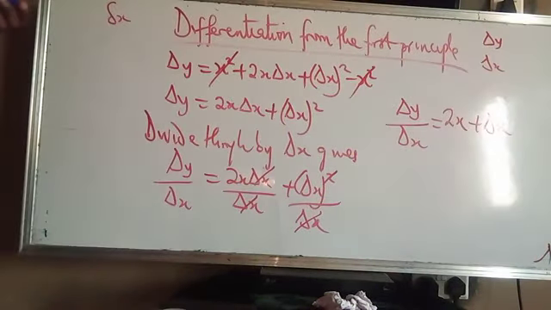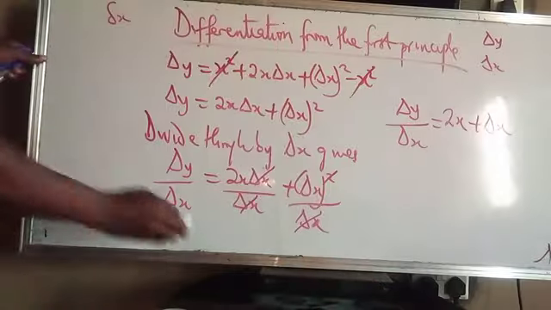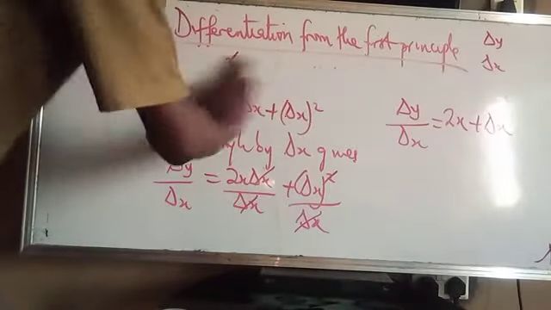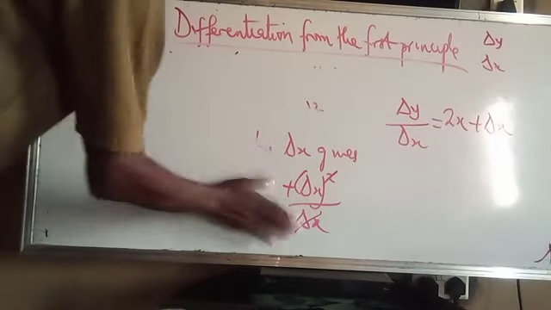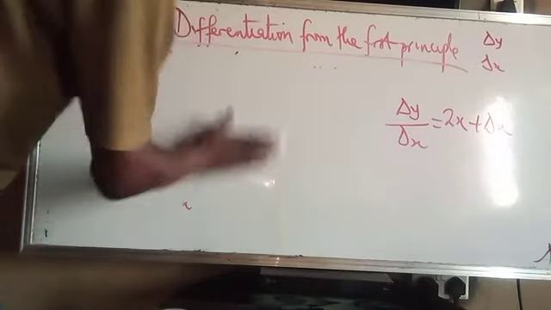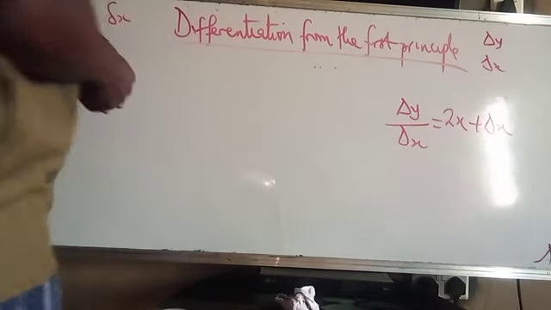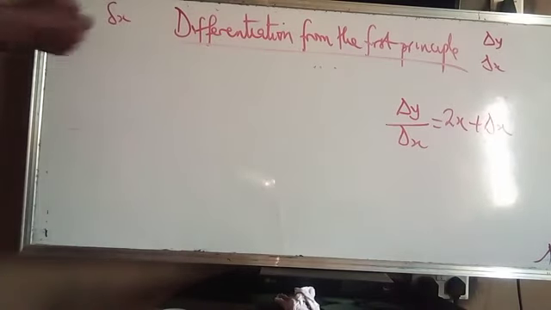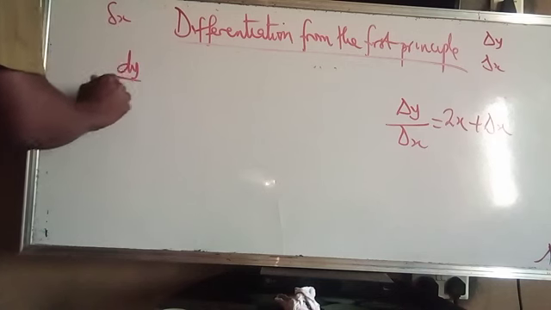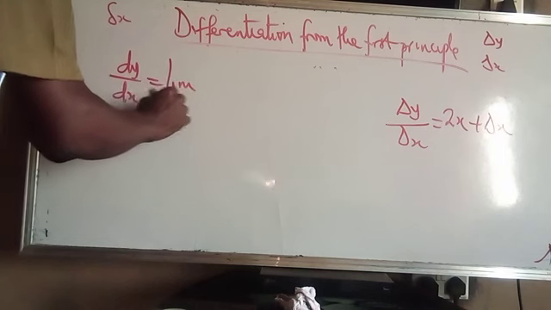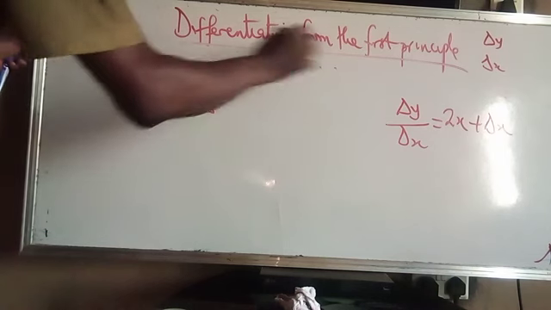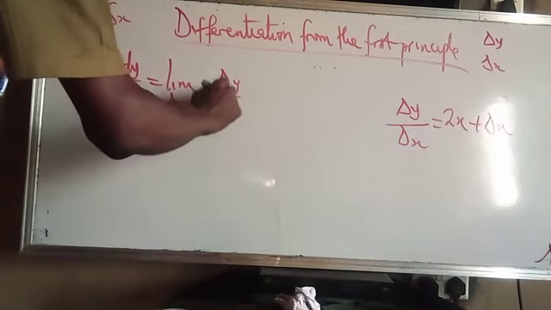plus change in x. Now, for you to actually get the rate of change of y with respect to x, you have to find the limits. So dy/dx will be the limit as the change in x tends to 0 of change in y all over change in x.